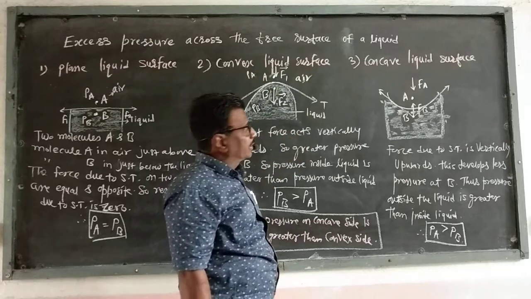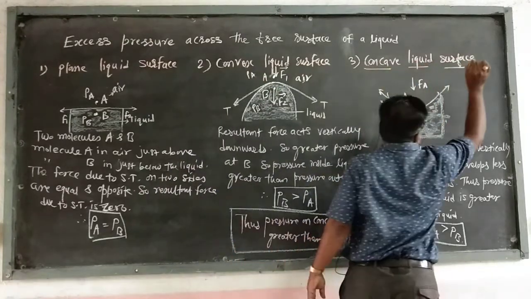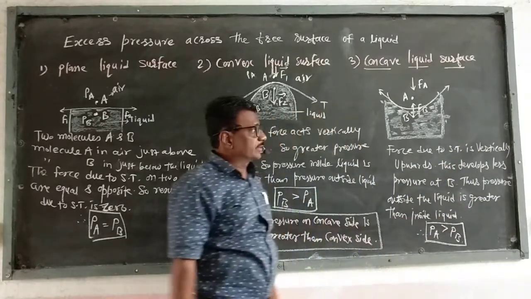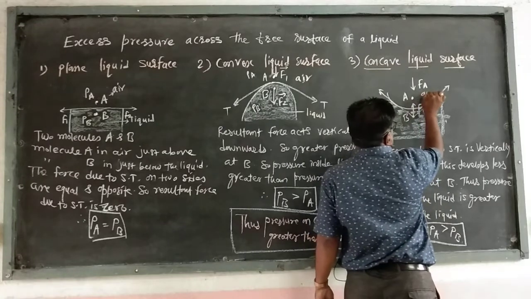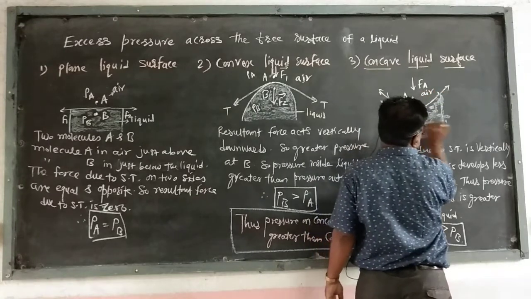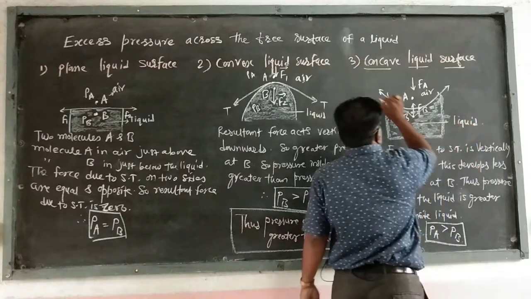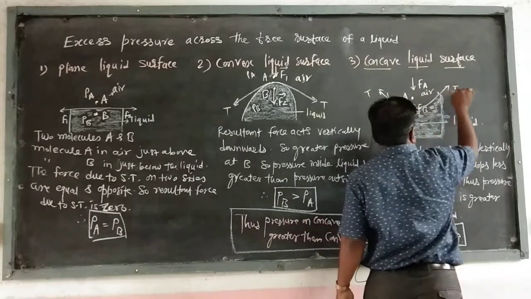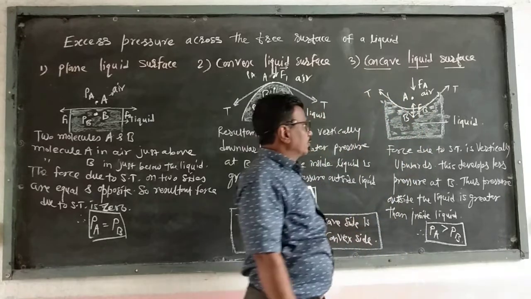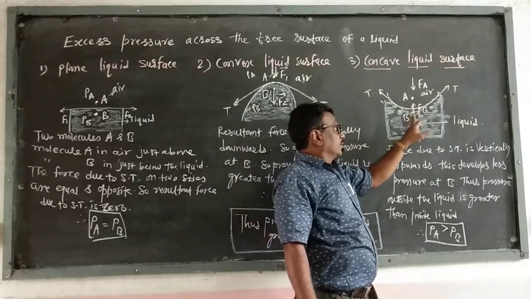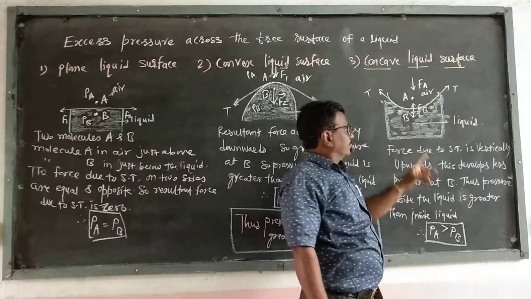Now we consider the third case, that is the concave liquid surface. For that again we draw this diagram. In this diagram also molecule A is in air and molecule B is in liquid. There is a boundary between these two, and that surface is the concave surface. Then these are two tangents.